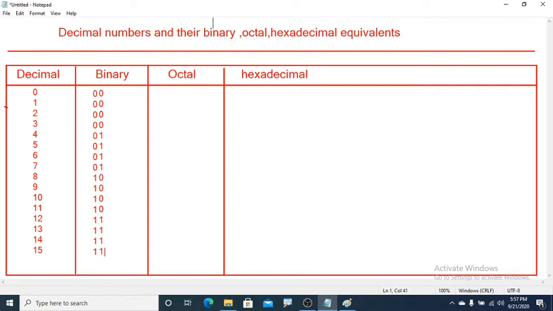Now the next thing is two zeros, two ones. Here I am taking 0.